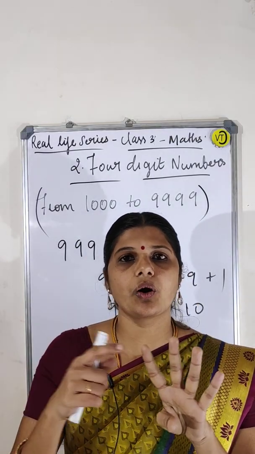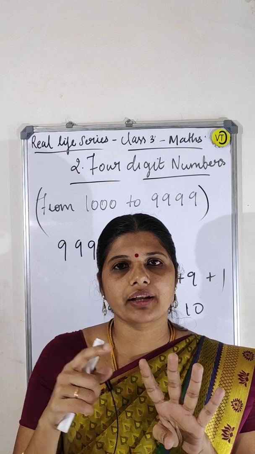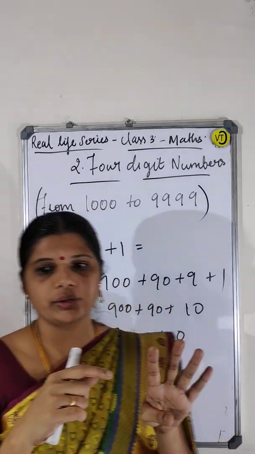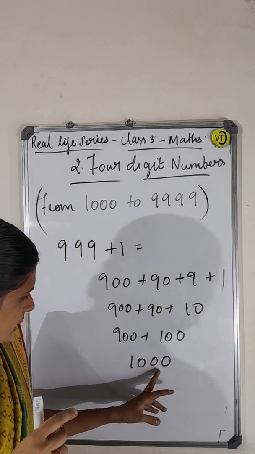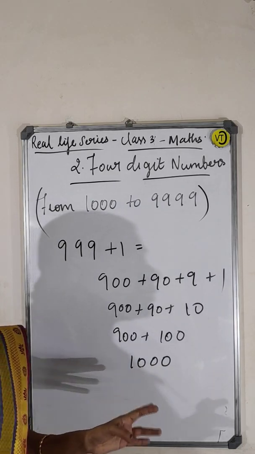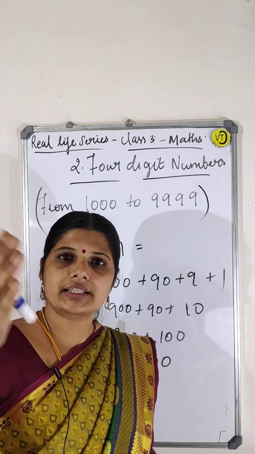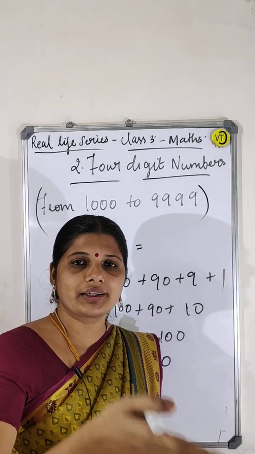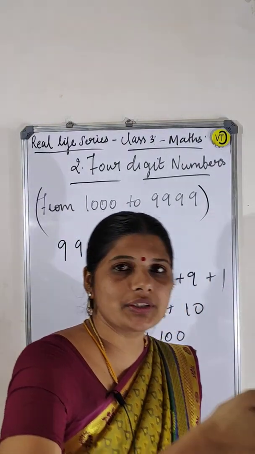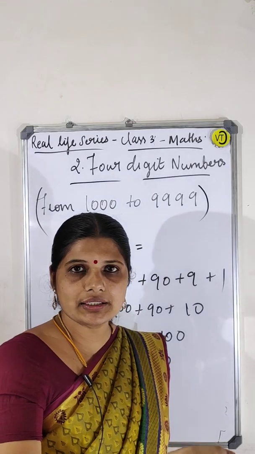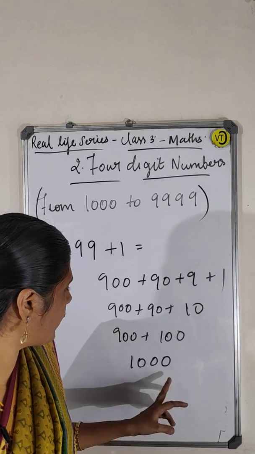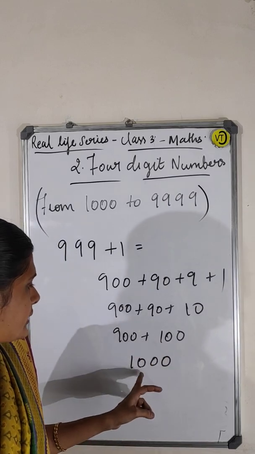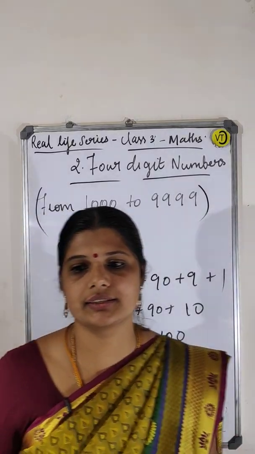Going from right to left, the places are ones, tens, hundreds, thousands. Already you know ones, tens, hundreds, but now I am going to introduce one more place, the thousands place. In the place value system, you have ones, tens, hundreds and thousands.